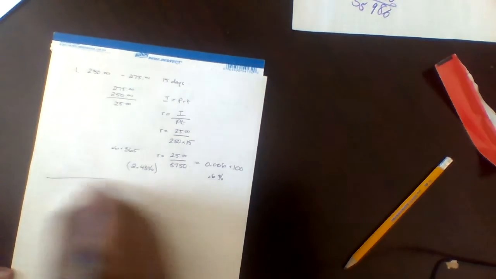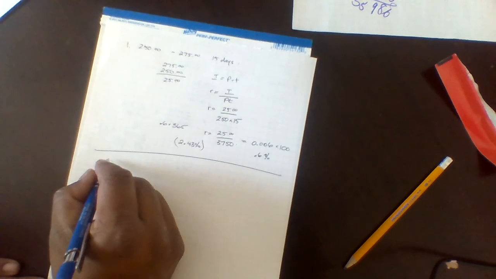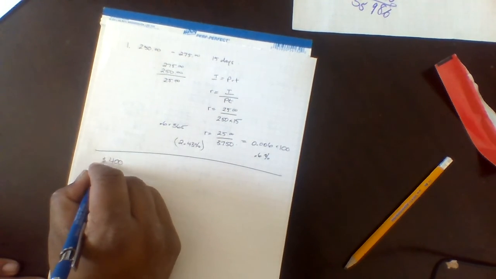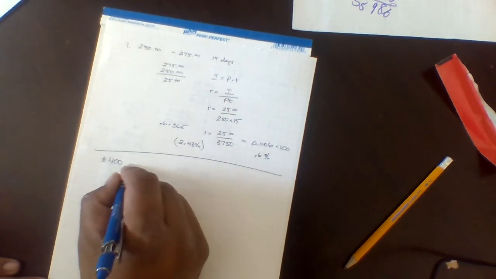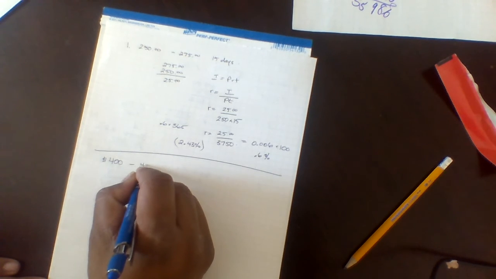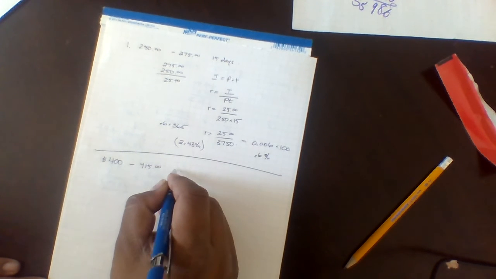Now, the second one on page 317, if we have time, is that Hayden borrowed $400. He had to pay back $415 in 10 days.